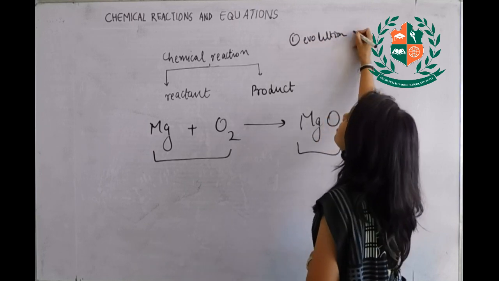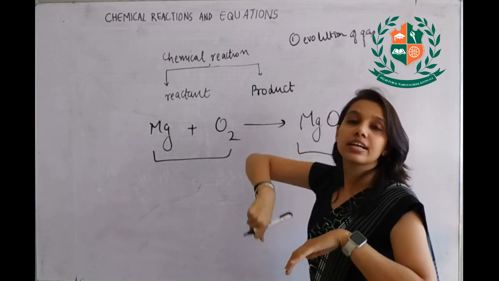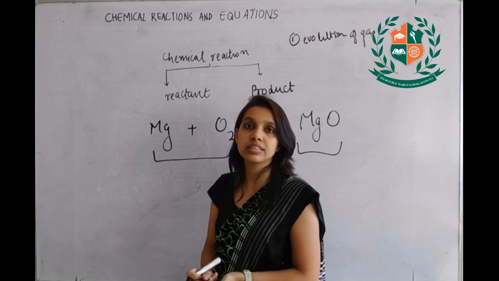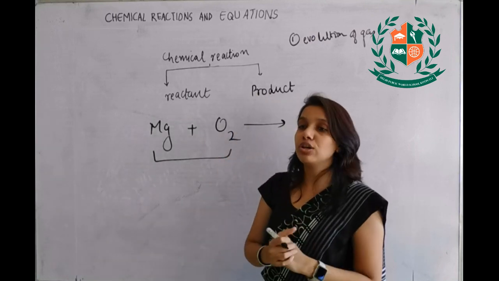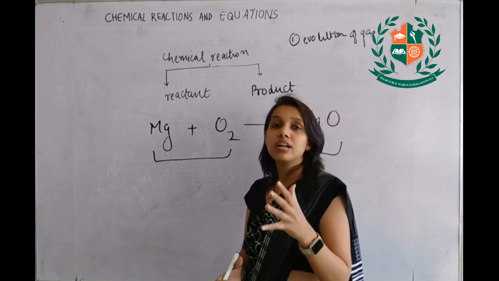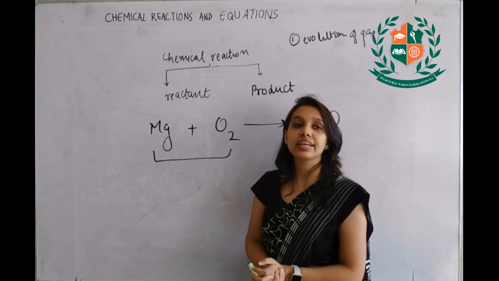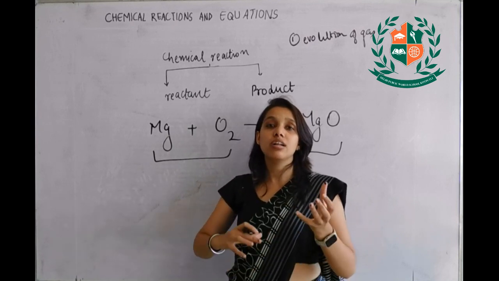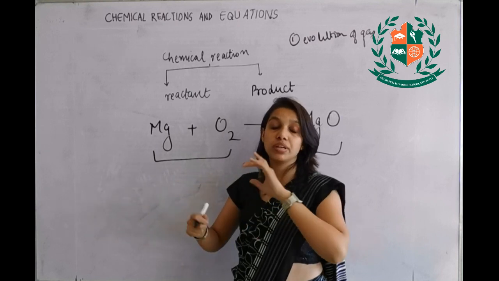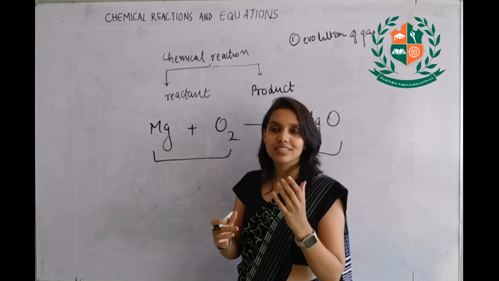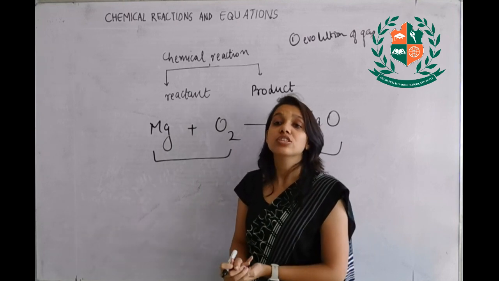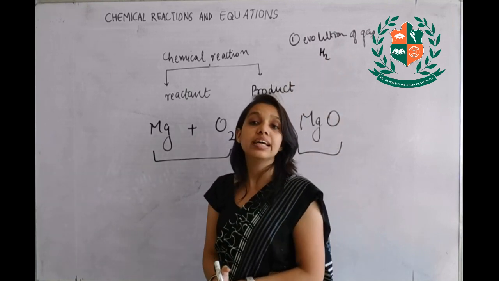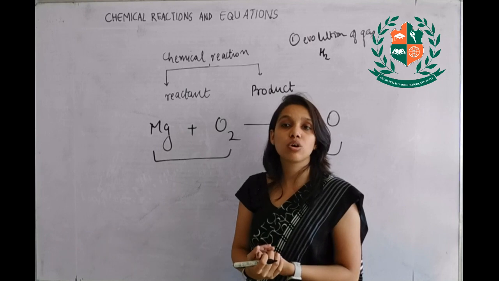When zinc reacts with sulfuric acid, we observe bubbles of hydrogen gas, and we hear a pop sound when we bring a candle closer to the beaker. There is evolution of hydrogen gas whenever a metal reacts with an acid.